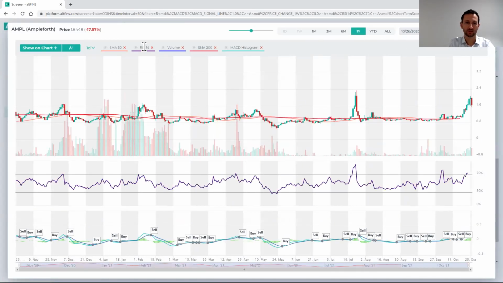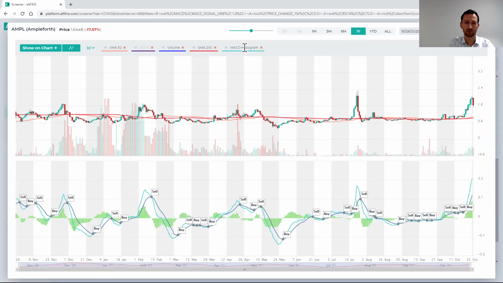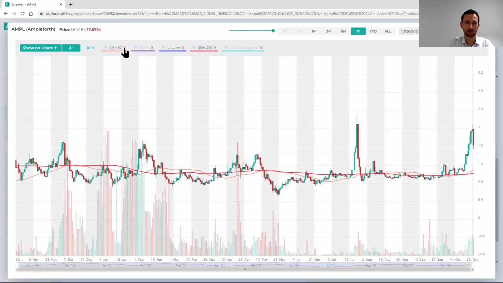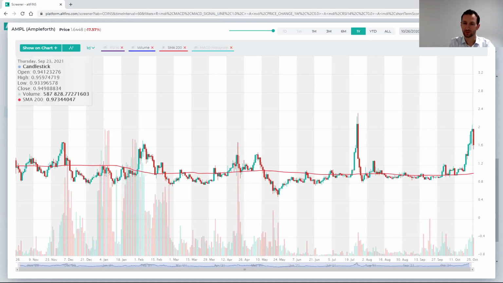One year graph. Let's tune out the noise. We don't need RSI, we don't need moving average, MACD. Let's see the big picture. Wow, interesting. Well, this price has just been going sideways, more or less, for the full year, although the swings are plus or minus 50 or 100%.